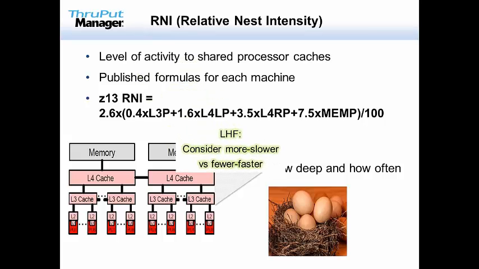A point I'll make about this, and shout out to my buddy Scott Chapman. He works with Peter Enrico now, and he's done this presentation a few times. He calls it more slower versus fewer faster. And it's something to think about.